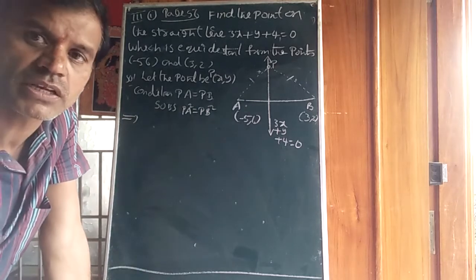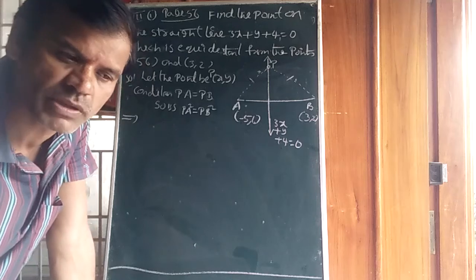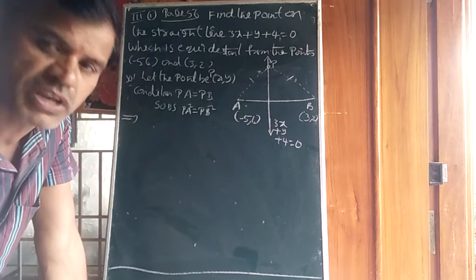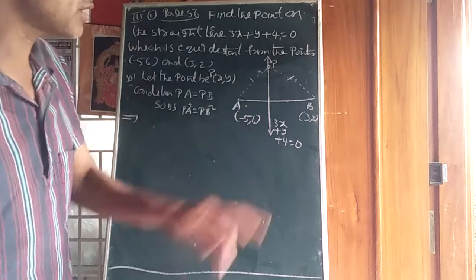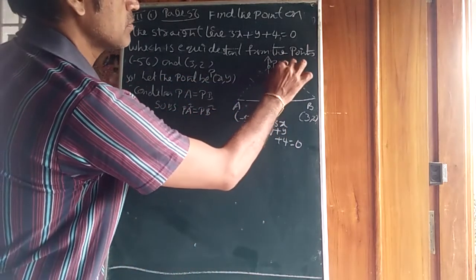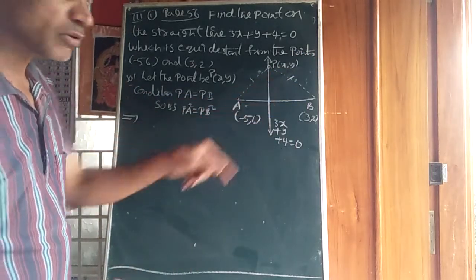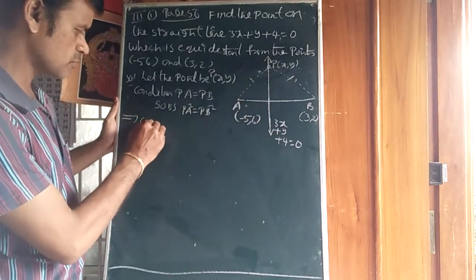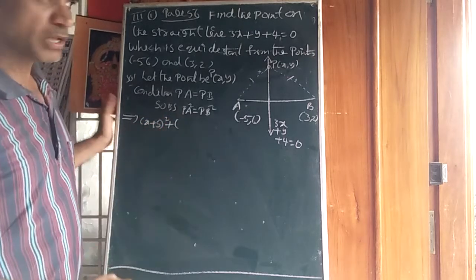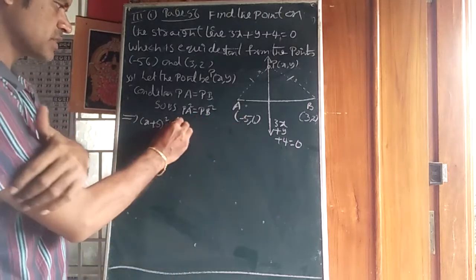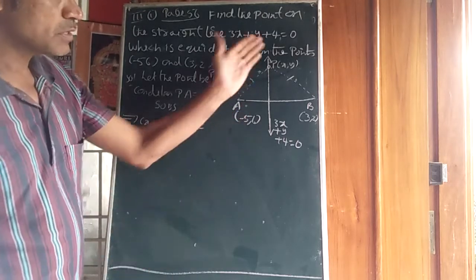You need to understand that the distance between 2 points formula is root of x2 minus x1 whole square plus y2 minus y1 whole square. Whenever square is there, no need to write root. So directly you can say, let here x comma y: x minus of minus 5 whole square, x plus 5 whole square, plus y minus 6 whole square, is equal to this side.